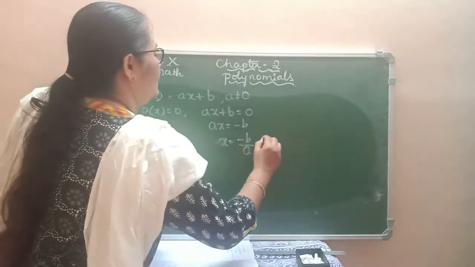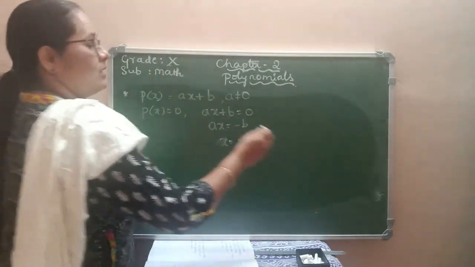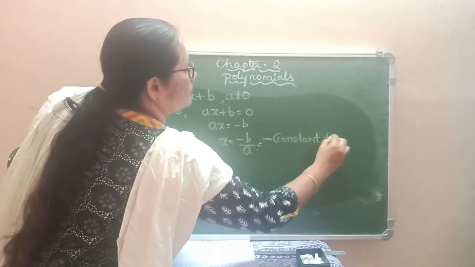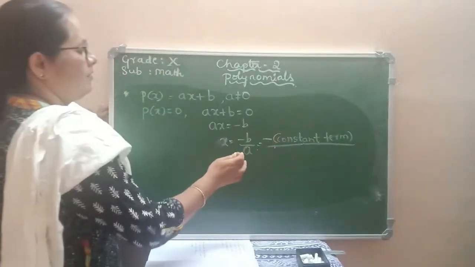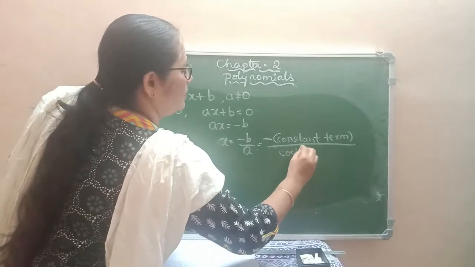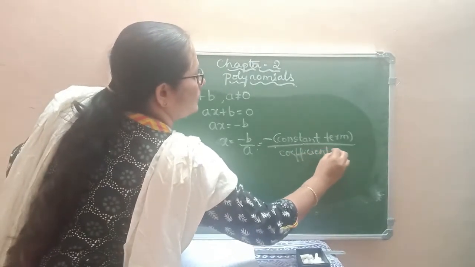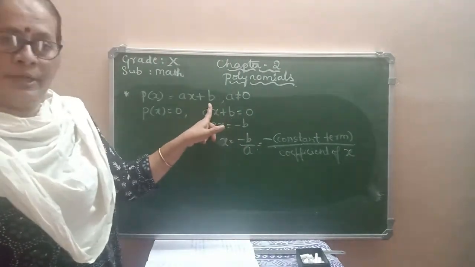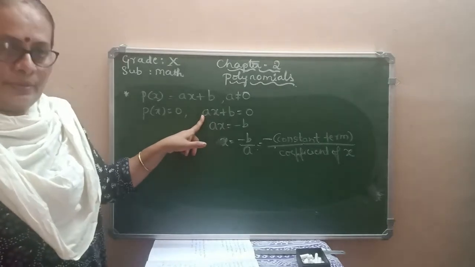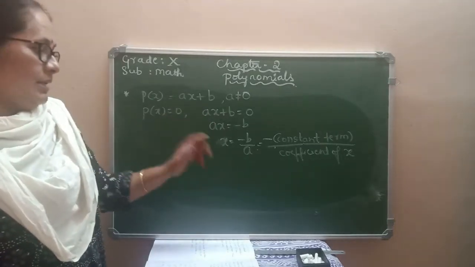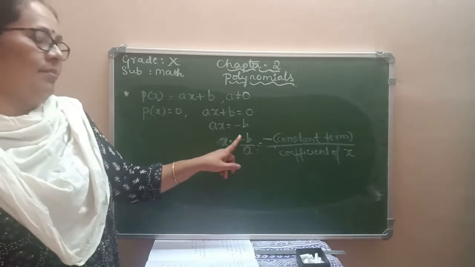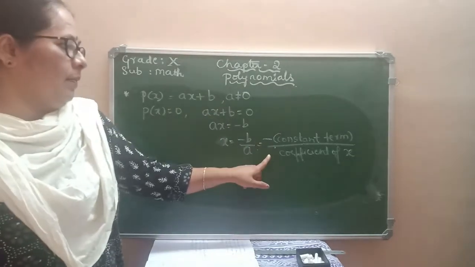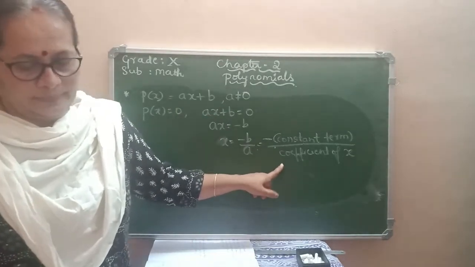In this, what is b? b is a constant term and a is the coefficient of x. So the 0 of the polynomial x is minus b by a, which is minus of the constant term upon the coefficient of x.